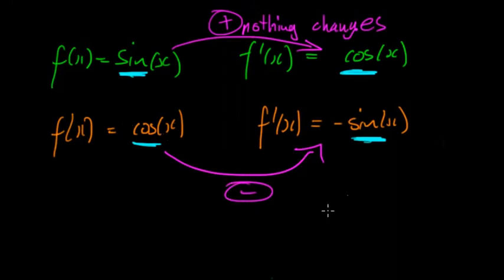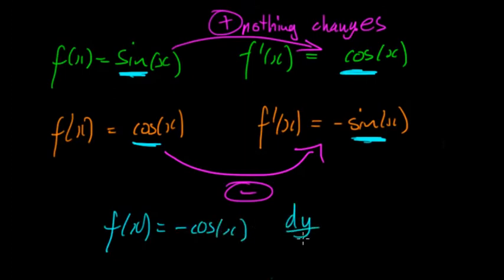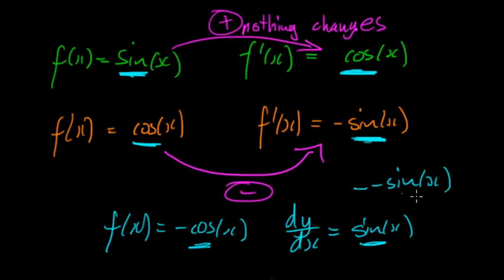If you had f(x) equal to negative cos x, then dy/dx would equal sine x. So it has to swap from cos to sine, and because you've got negative negative sine x, two negatives make a positive, so that would equal sine x.